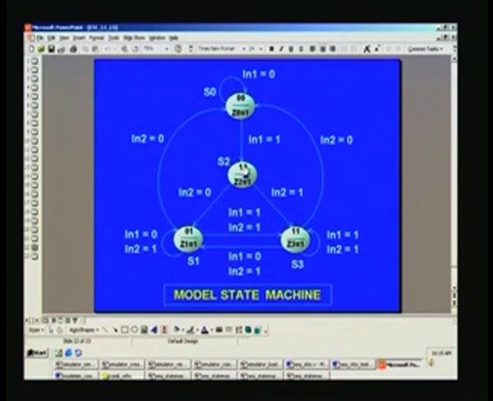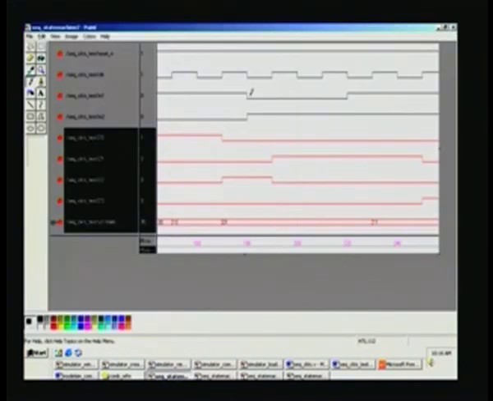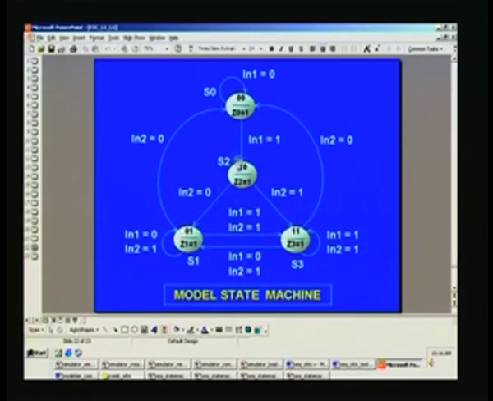Z2 is 1 here, and in1 is 1 here, and at this point of time it is 1 and 0. So, let us find out what it is: in2 is 1, in1 is 0.